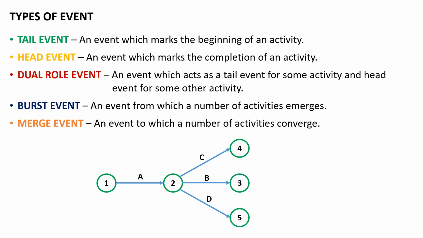Merge event: an event to which a number of activities converge is called a merge event. In the example, we can see activities E, F and G are merging towards event number 6. Therefore, event number 6 is a merge event.